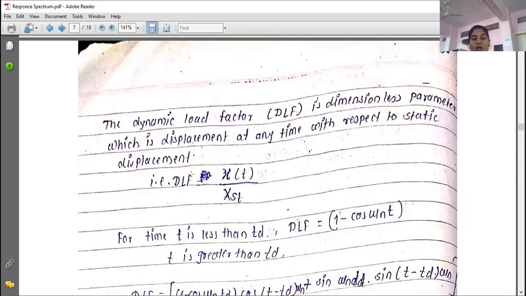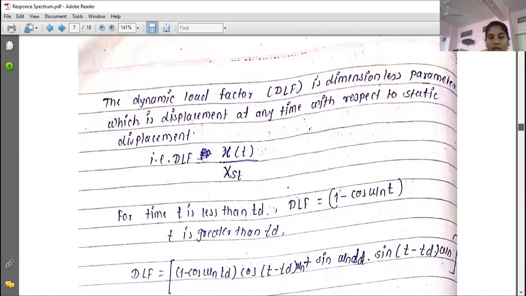Write down DLF is equal to x of t divided by x s t, x of t upon x s t.